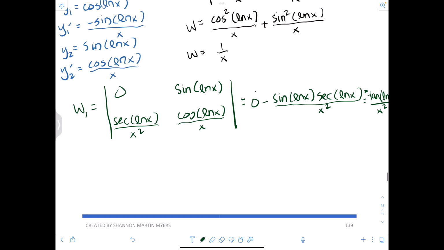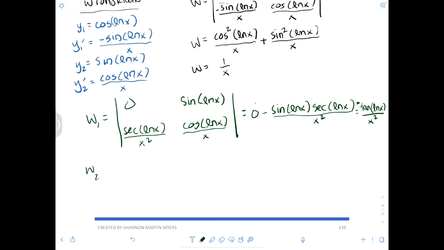So then our second Wronskian will be cosine of natural log of x, and then negative sine of natural log of x over x, and then 0 and secant of natural log of x over x squared.